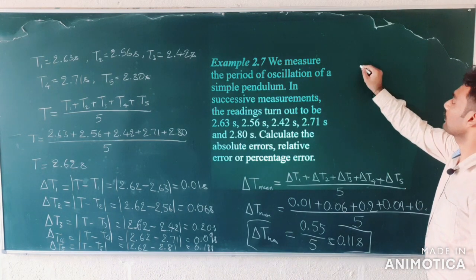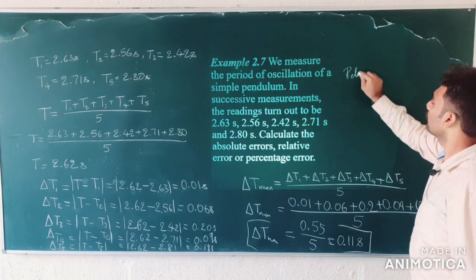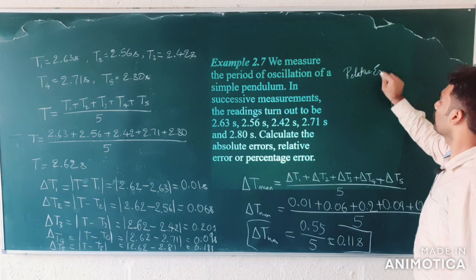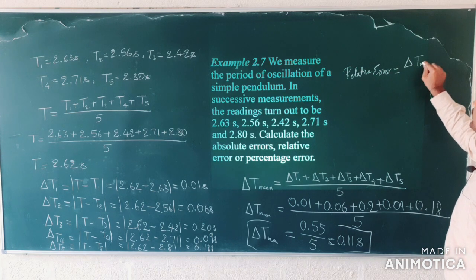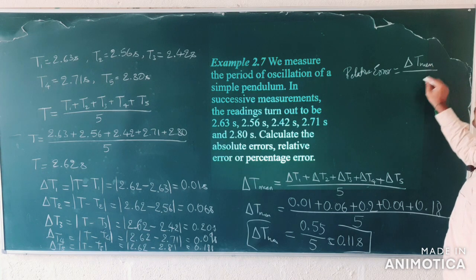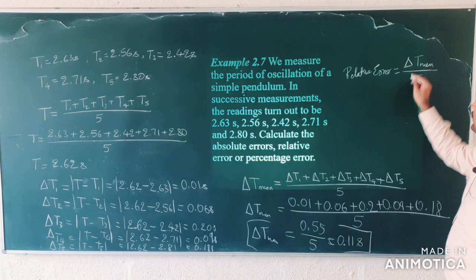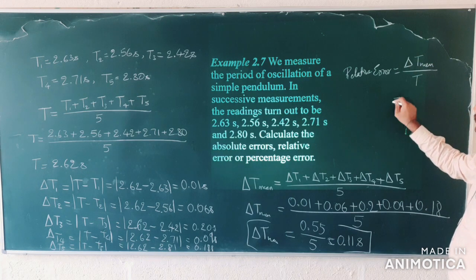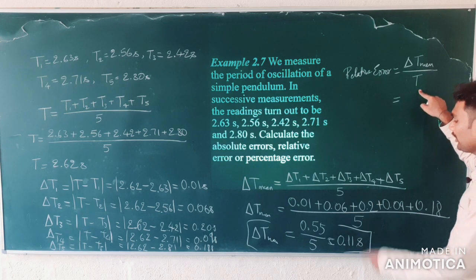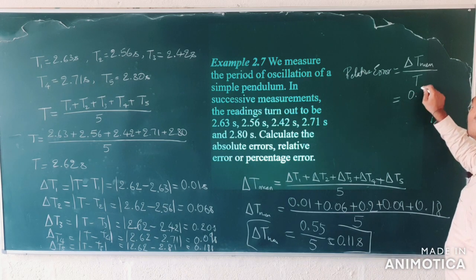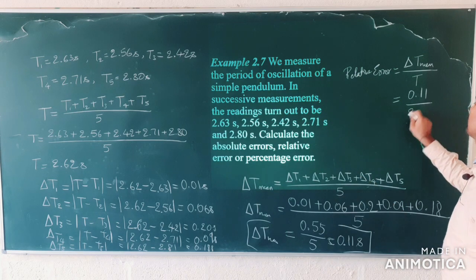Relative error is the ratio of the mean absolute error, delta T mean, to the true value. The mean absolute error to the true value will give us the relative error. What is delta T mean? Delta T mean is 0.11. What is the true value? 2.62.